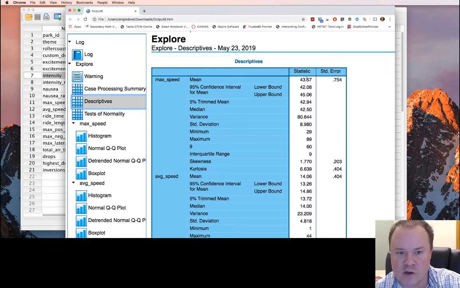The mean is 43 miles per hour. The median is 42.5. With a standard deviation of around 9 miles per hour and a range of 60 miles per hour. The interquartile range is 9 miles per hour, which surrounds the median.